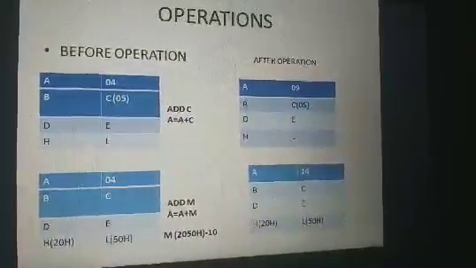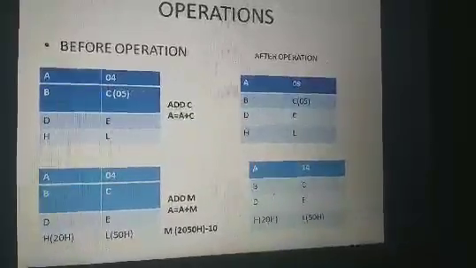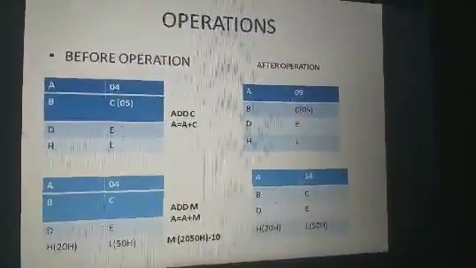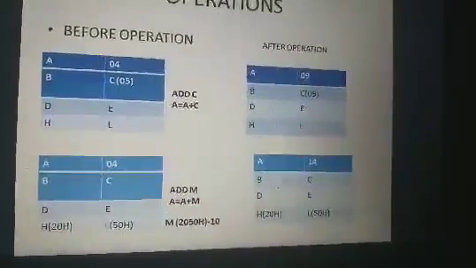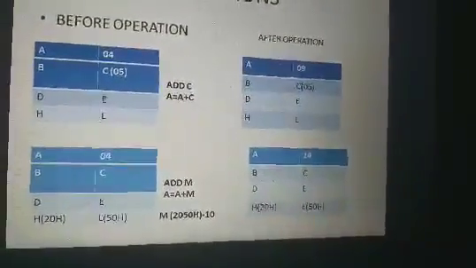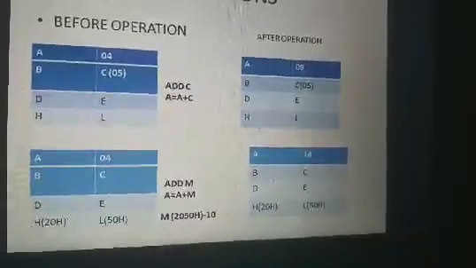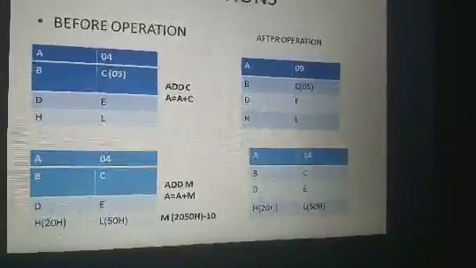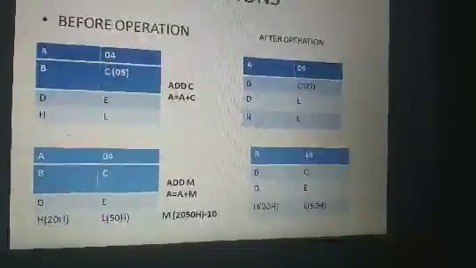What will the mnemonic be? ADD C. So A equals A plus C. After operation, A equals A plus C gives 04 plus 05, that is 09. Now this 09 will be stored in the accumulator.